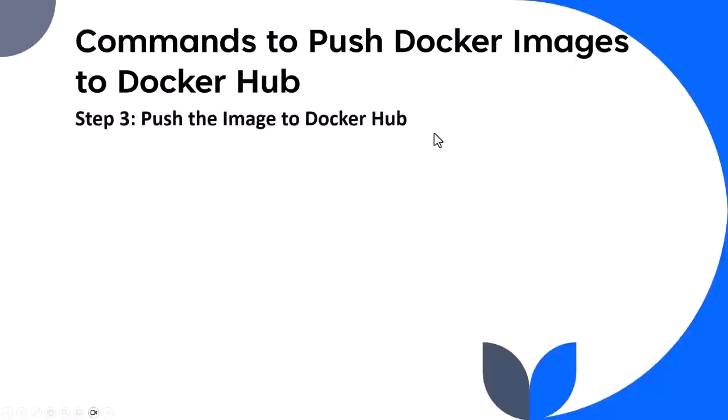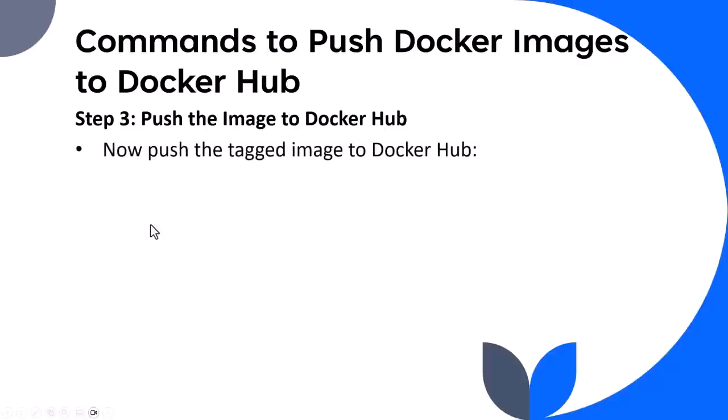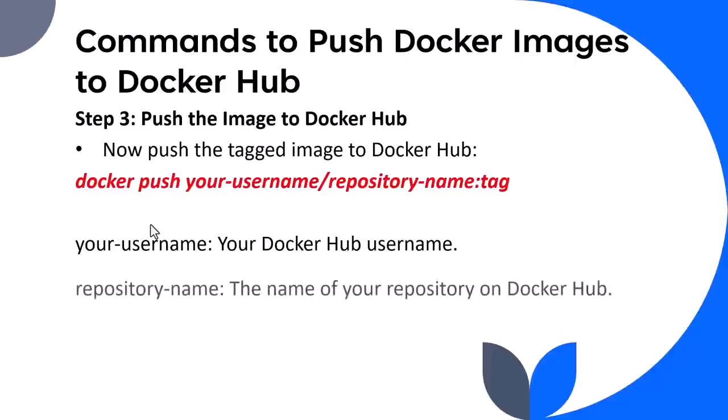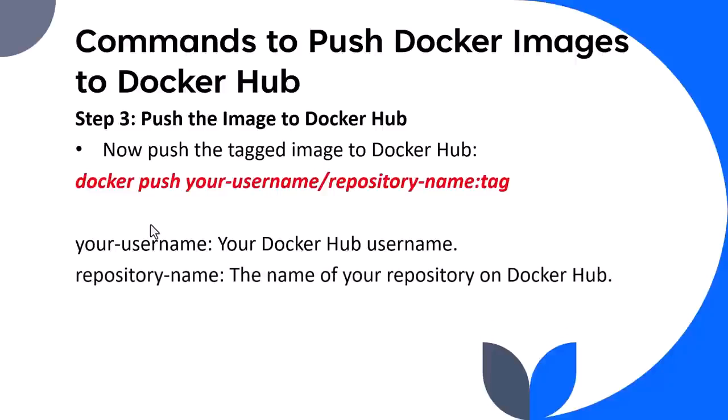Now commands to push the Docker images to Docker Hub. Now we push the tagged image to Docker Hub. So that is Docker push your username / repository name colon tag. So where you know everything, your Docker username and repository name is again the one that we use for tagging, and the tag is the version or tag for your image.